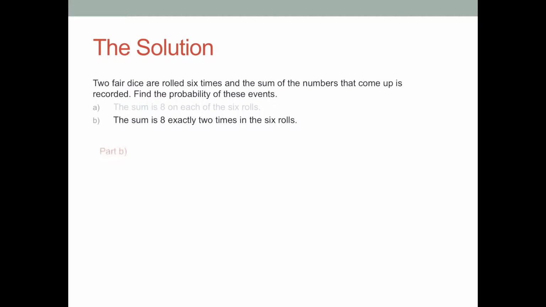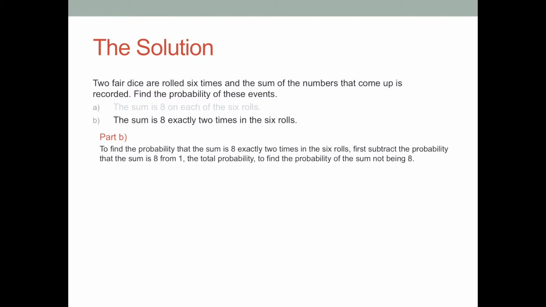Now consider part B. To find the probability that the sum is 8 exactly 2 times in the 6 rolls, first subtract the probability that the sum is 8 from 1, the total probability, to find the probability of the sum not being 8. 1 minus 5/36 is 31/36.